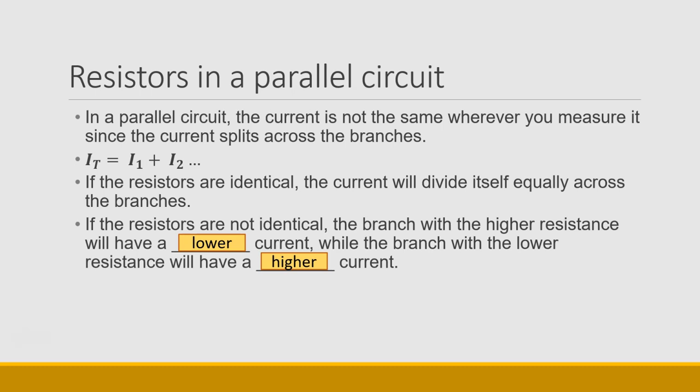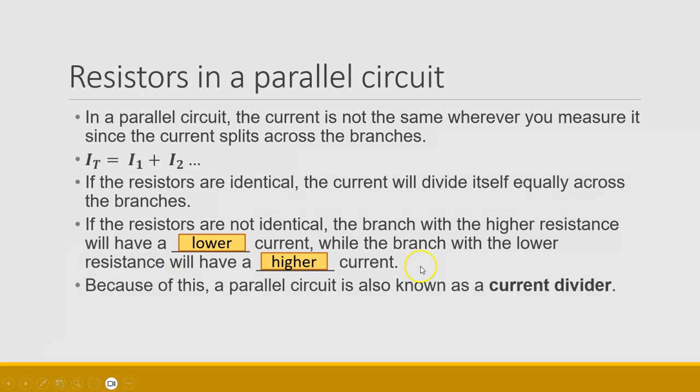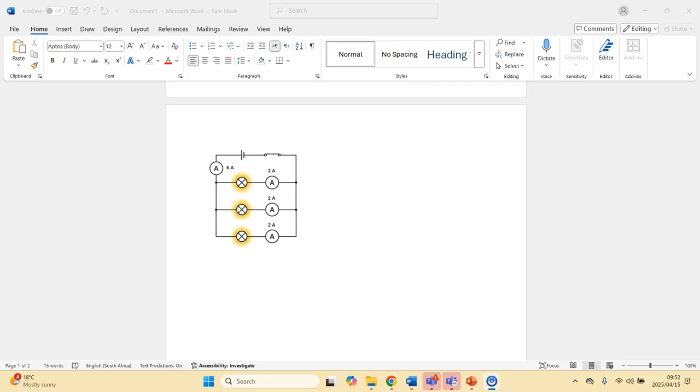So remember that this inversely proportional relationship applies to series circuits, it applies to parallel circuits, and it also applies to just a branch within a parallel circuit. Because the current will divide itself across the branches, a parallel circuit is also known as a current divider because it divides the current.